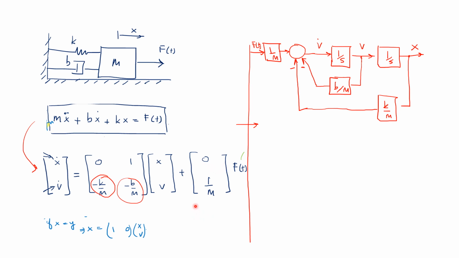And if you wish to get the output, because in this case x is the output required over there, you can just take this as the output. But if some other transformation is needed at the x, you can obviously add those transformation blocks as well in this block diagram.